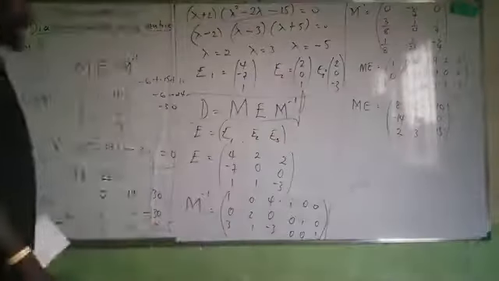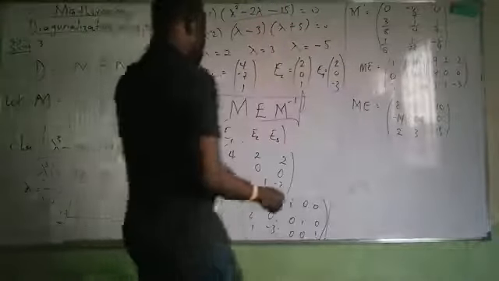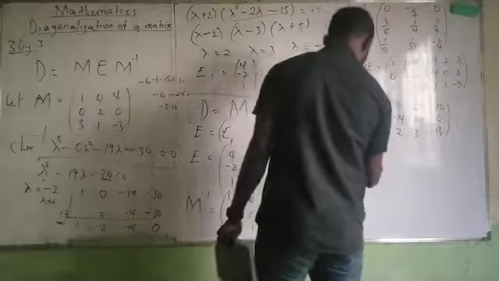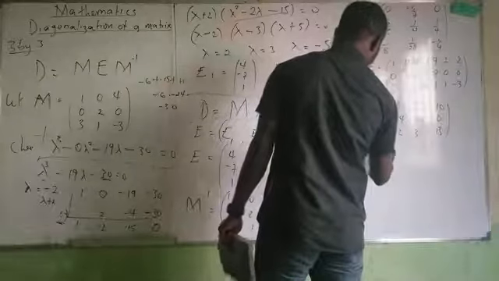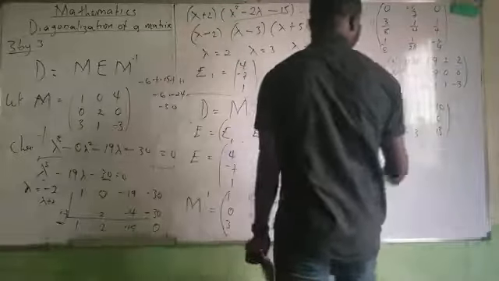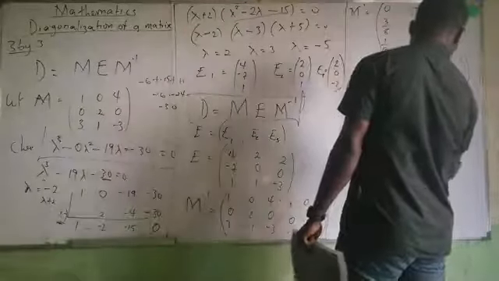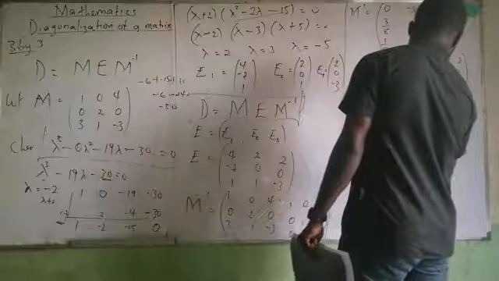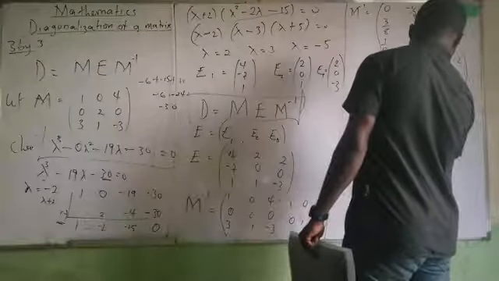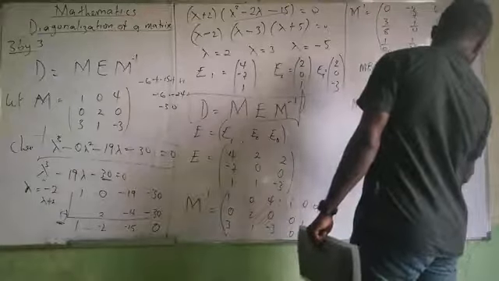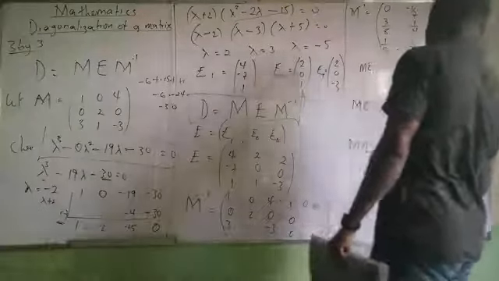Now, since I have my ME, it means M inverse times ME will just be equal to 8, 6, 10, 14, 0, 0, 2, 3, 15. What is my M inverse?